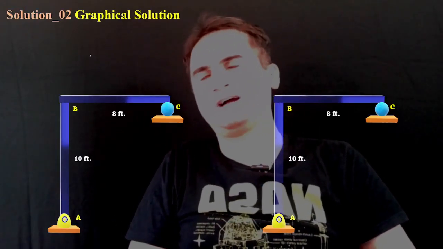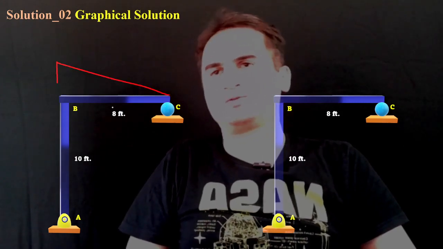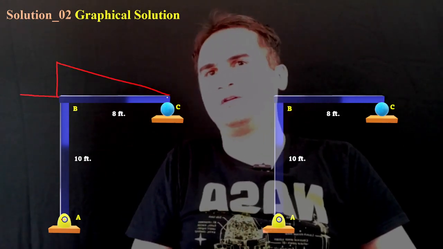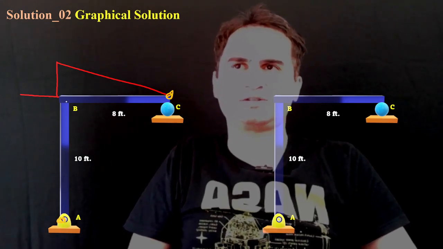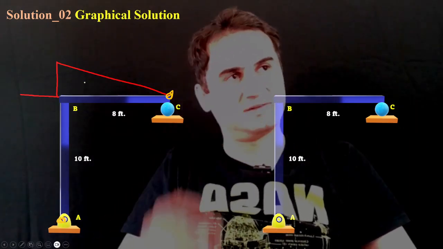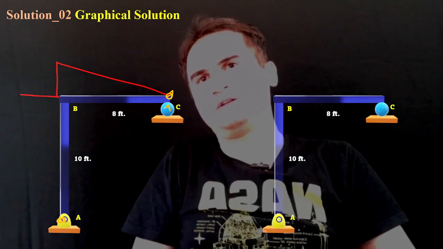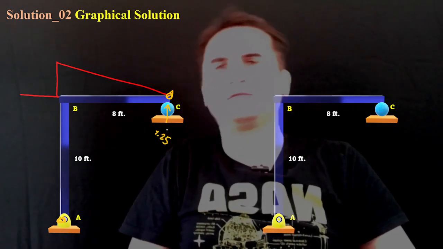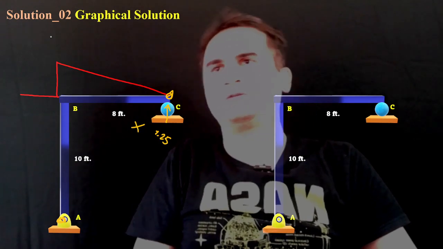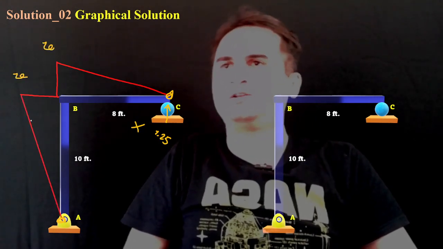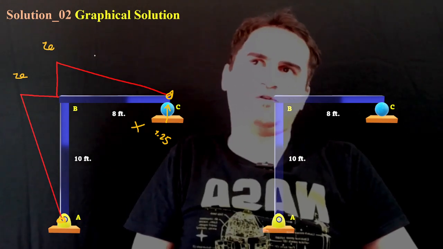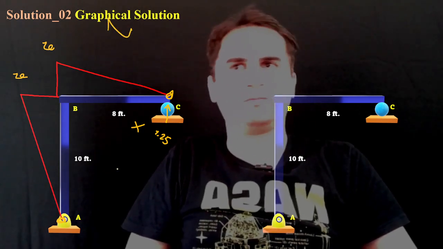Then, for the virtual one, there is no moment here, no moment here, and B is fixed, so there is a moment there. With 1.25 times 8, it gives us 10, and if you just connect the dots, that's the graphical format of the virtual moment.